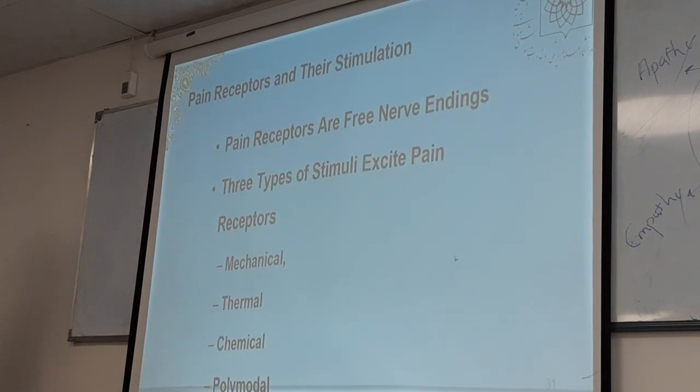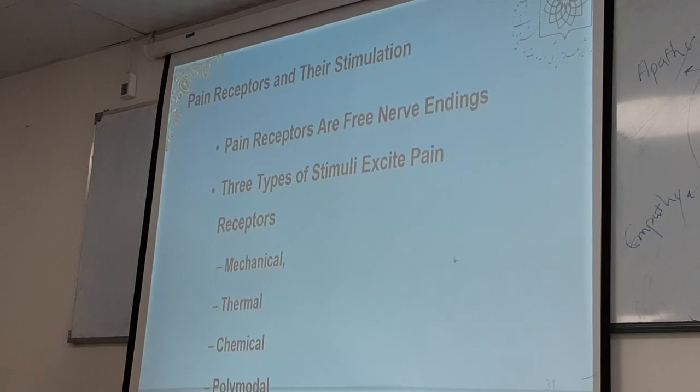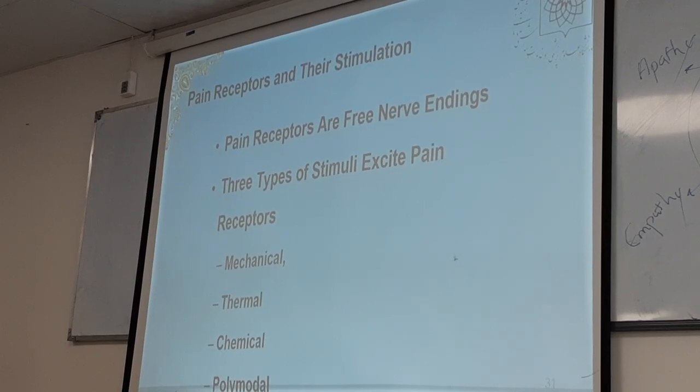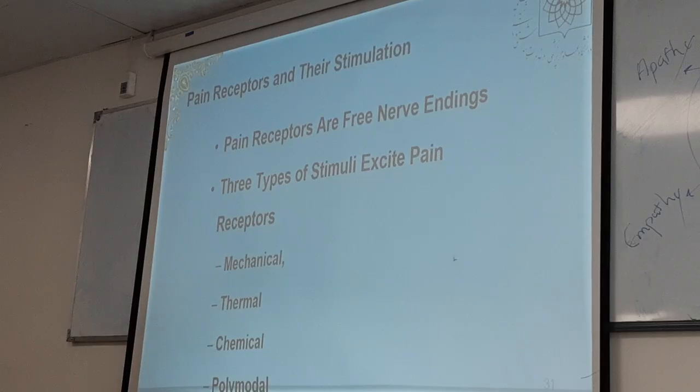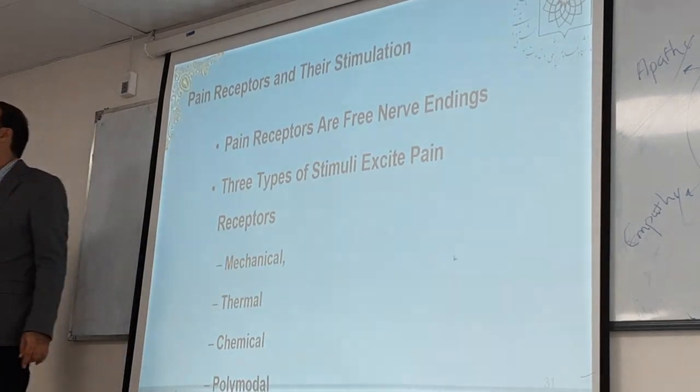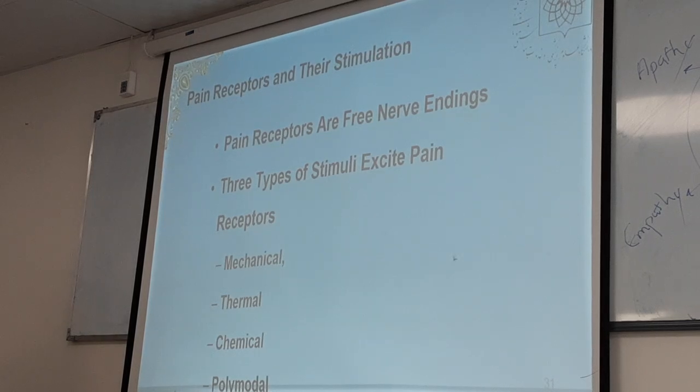Firstly, it was believed that there is one type of receptor for the pain. Every factor that generates damage will be considered as pain. But then it was found that there are receptors that are different. We have some receptors or nociceptors that are mechanical nociceptors. They respond to mechanical damage.